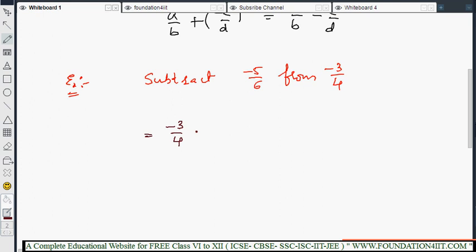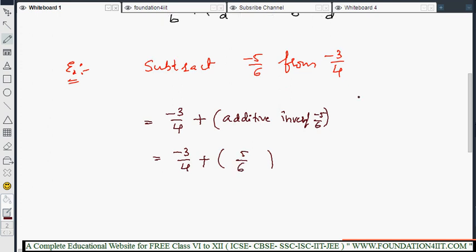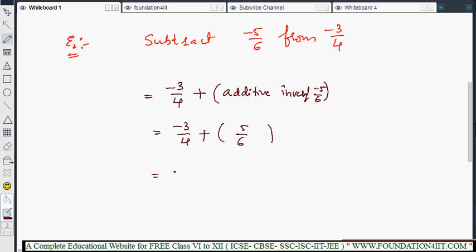That means I should add the additive inverse of minus 5 by 6. The additive inverse of minus 5 by 6 is plus 5 by 6. That is minus 3 by 4 plus 5 by 6.